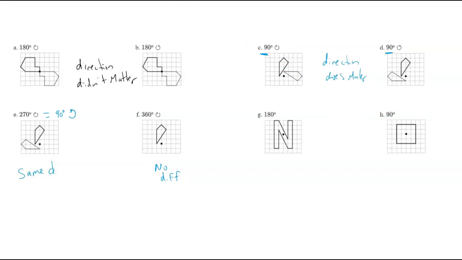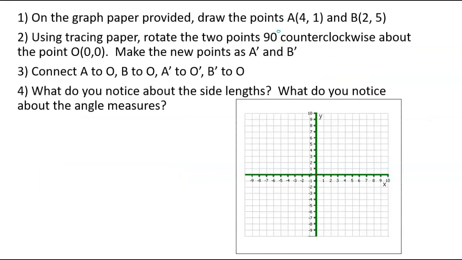Okay, so let's continue. On your graph paper provided, you are going to first draw the A point and the B point. If you need to pause the video, please do so. You're going to draw A, which is (4, 1), right about there, and B, which is (2, 5), right about there.